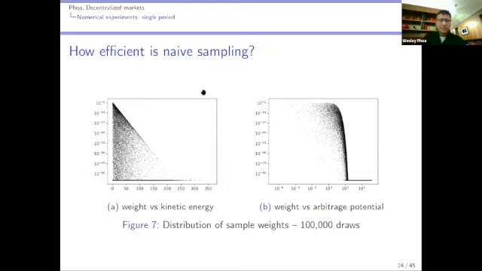So here's a couple of charts where each dot is a random draw. The y-axis is the weight, and on the left the x-axis is kinetic energy, and on the right it's arbitrage potential. And the first thing you see here is that there's just a lot of draws with weight 0, or essentially 0.